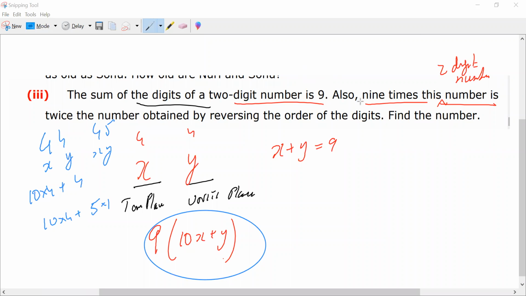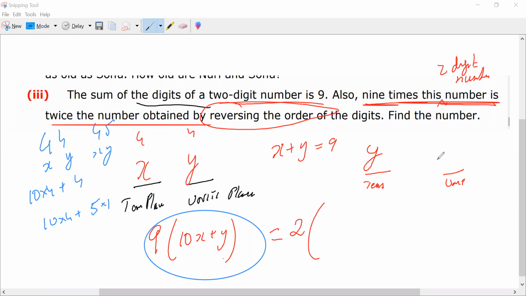So I'm just writing this thing. 9 times this number is what? Twice the number obtained by reversing the digits. Reversing the digits in the sense, now we have 2 places, one is tens place, other is units place. Reversing the order, in the sense y will come here and x will come here.